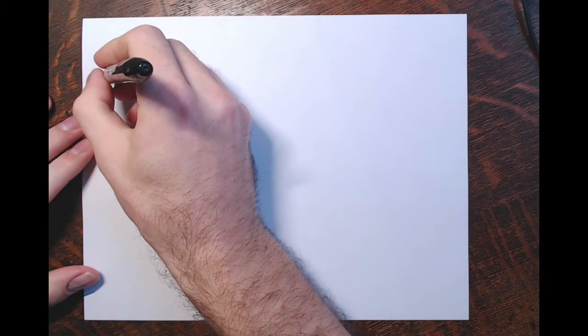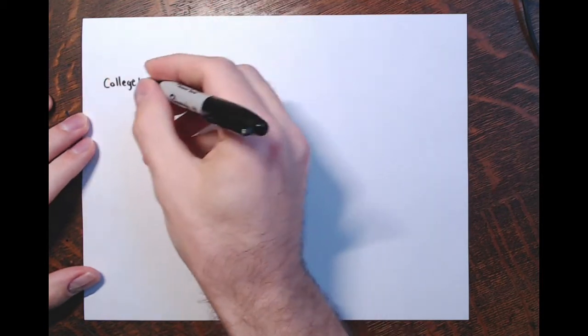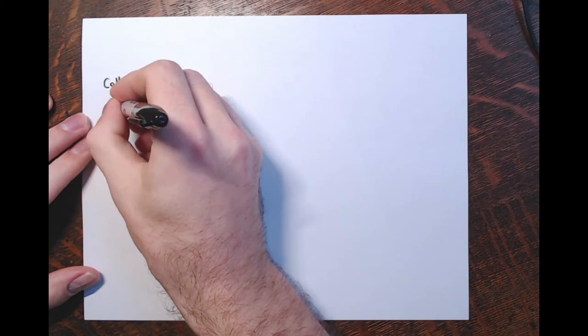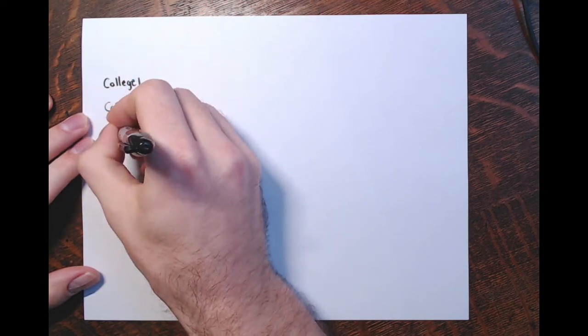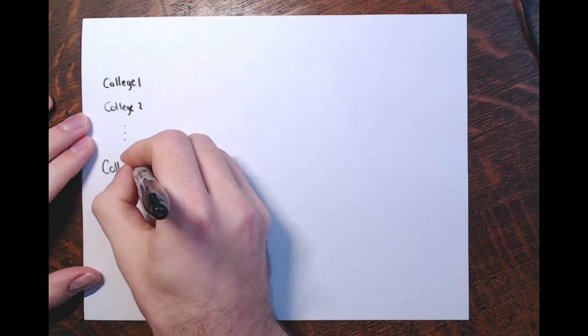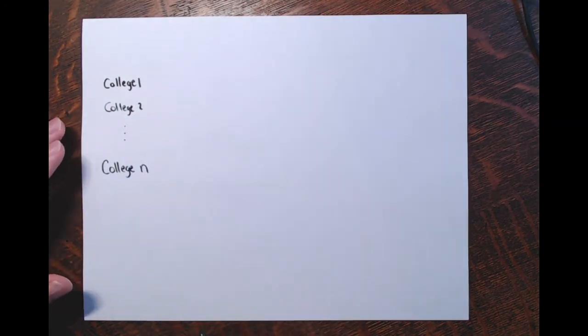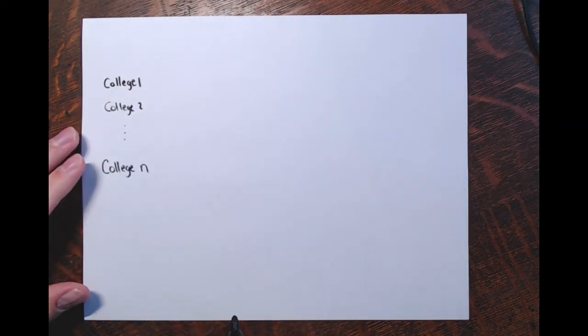You have college number 1, college number 2, all the way down to college N. I know that our list here has 7 rows in it.